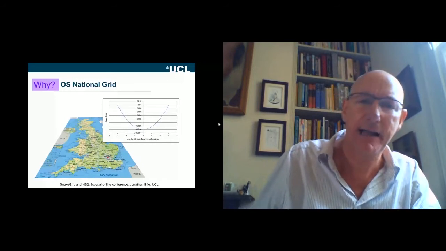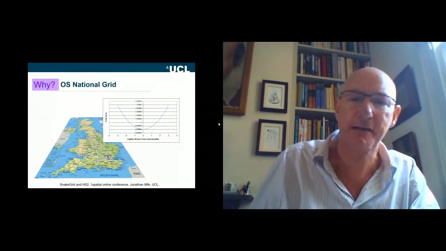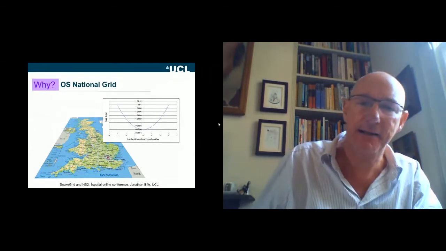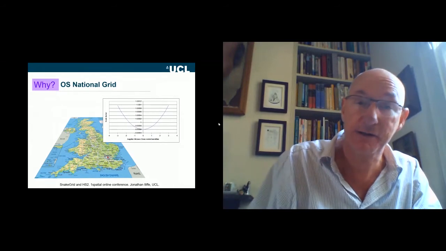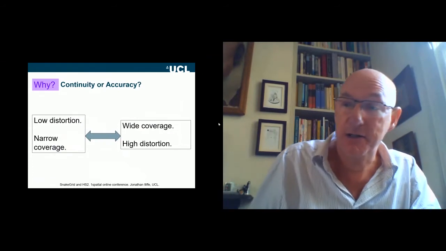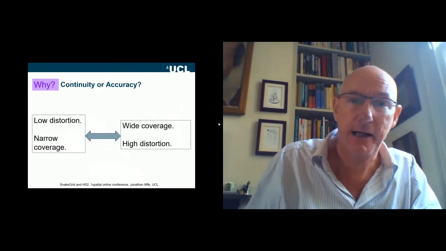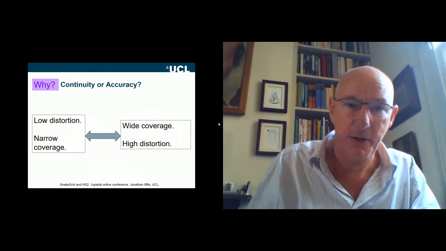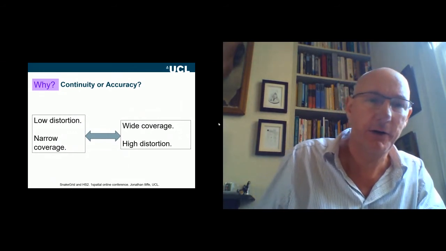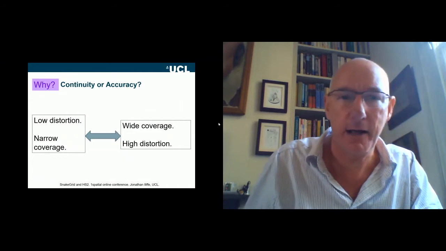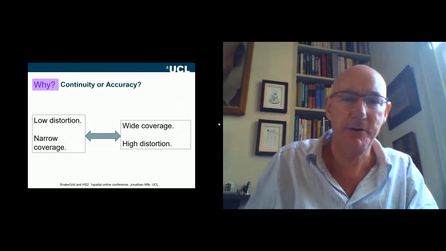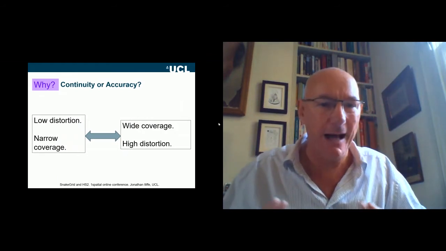The issue with a coordinate system that tries to cover a large area like that is that it has these large distortions. So the trade-off you really want to establish is continuity or accuracy. On the left-hand side of that screen, we've got the equivalent of a site grid. We have low distortion, but it's only applicable to a very narrow area, just around the particular site.